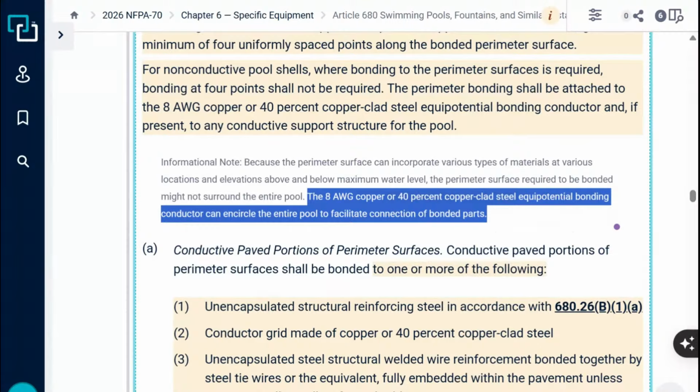So I think that is what it's saying as well for the non-conductive pool shell. I think that it's saying that you would use an 8 or 40% copper clad steel to be able to bond to those other components, right? Right, but not use it as the perimeter surface, just to make the connections for the perimeter surface. Different ones. Yeah.